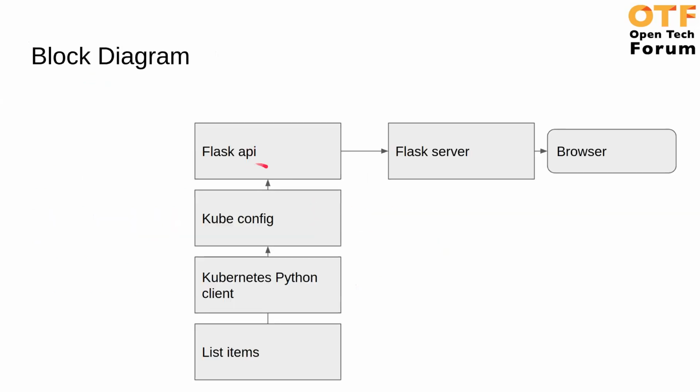So Flask is your web server. Yes. The Flask API gives you the ability to launch a server and deploy an application in it. With the help of kubeconfig, which has the information of all the components that are required for Kubernetes, I plug it into the Kubernetes Python client.